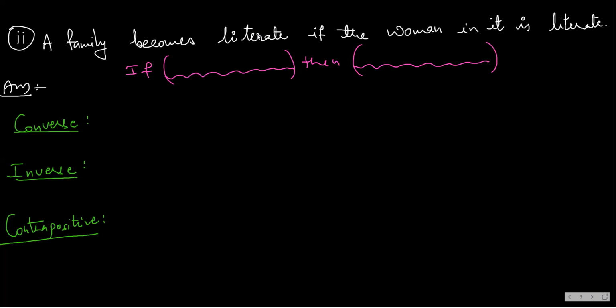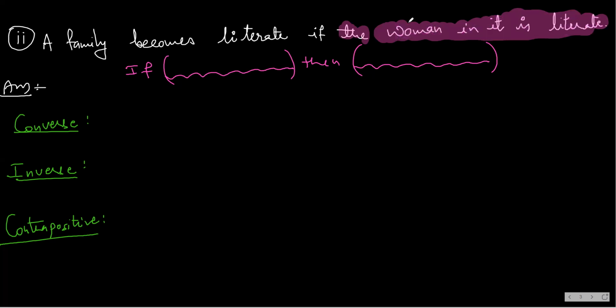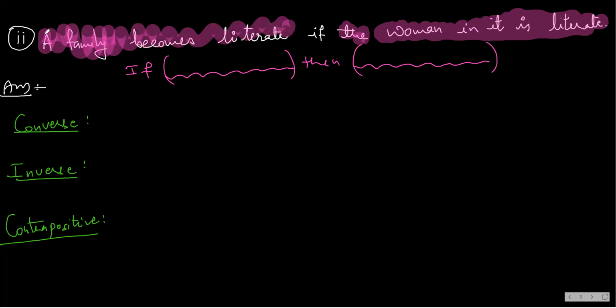So how we will treat it? If woman in family is literate, this becomes P for us. If the woman in the family is literate, then a family becomes literate.